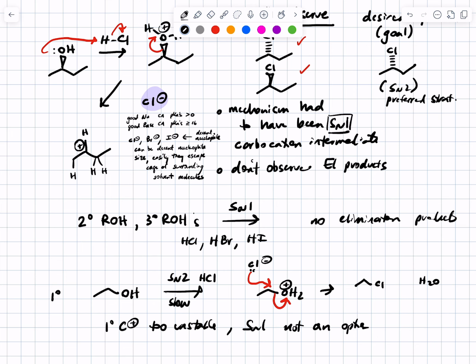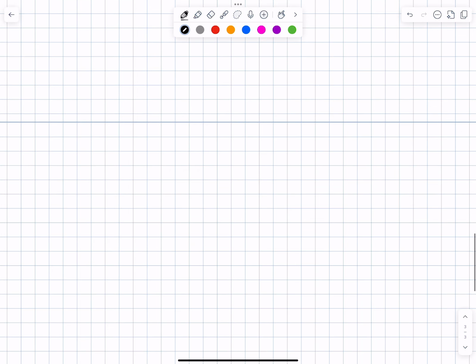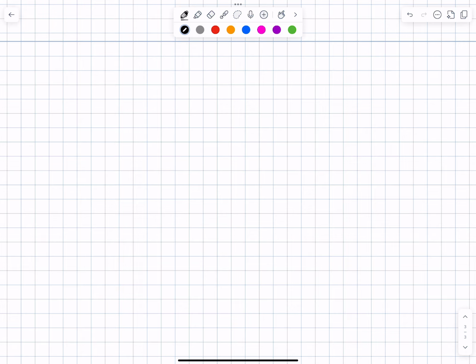Okay, so speaking of things that are more complicated than you wanted them to be, let's deal with carbocation rearrangement. Dun, dun, dun. All right, so here is a secondary alkyl halide.